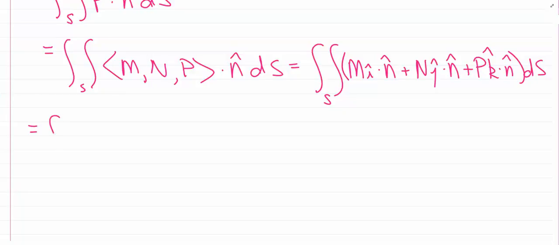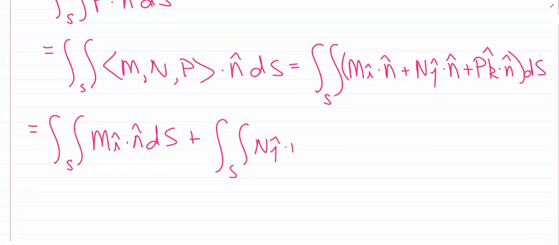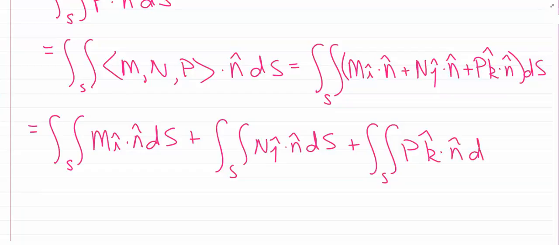So I've got this double integral for M i dot n dS, plus the double integral for N j dot n dS, and this next one, P k dot n dS. Everybody still okay with that? So I've still got vectors going on here, even though I've still got the dot product. I just haven't worked it out yet.